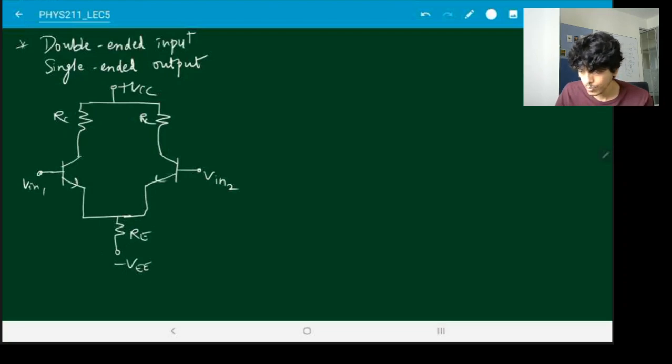And the output I'm going to take over here at the collector of the second one. So Vout. So this is my double-ended input, single-ended output differential amplifier.